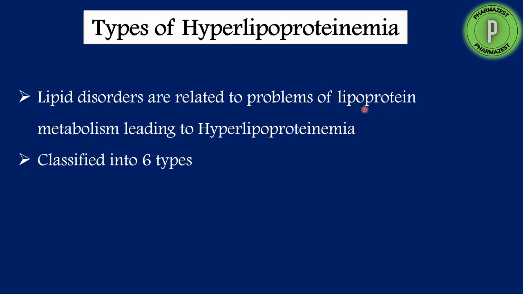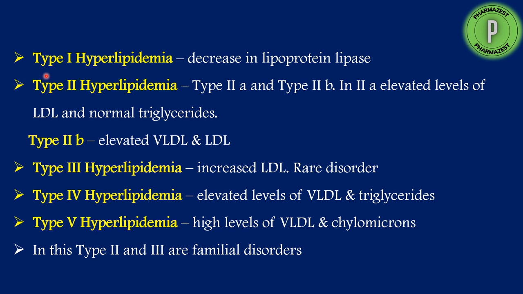So when the lipoprotein metabolism is decreased due to any condition, it leads to this condition known as hyperlipoproteinemia, and it is classified into 6 types. So we have type 1, in type 2 we have 2A and 2B, type 3, type 4 and type 5. So in total we have 6 types.